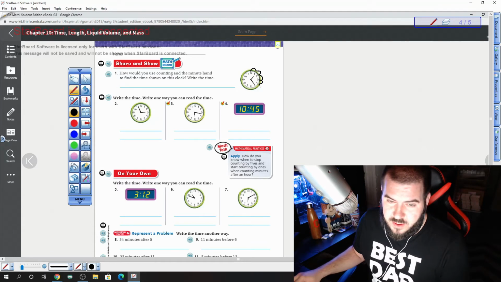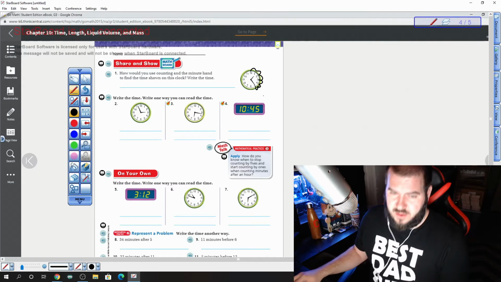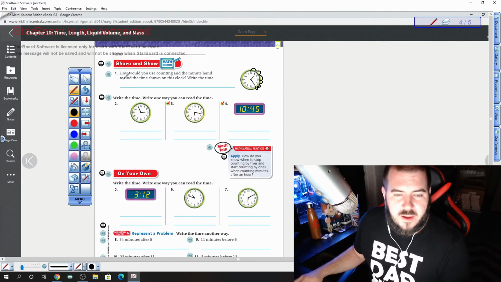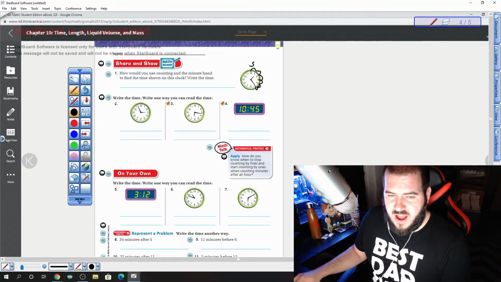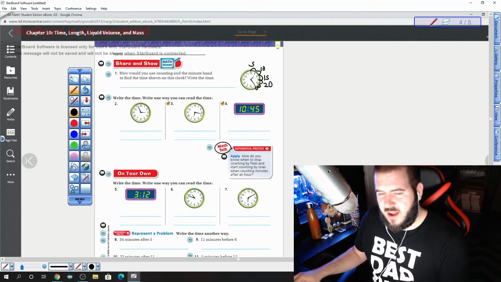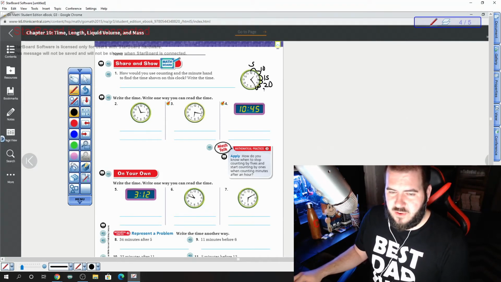1, 2, 3, 4. Okay? So what are we going to count by from each number? We're going to count by 5. So 5, 10, 15, 20. And then remember, we counted 4 here, so that would make it 21, 22, 23, 24.